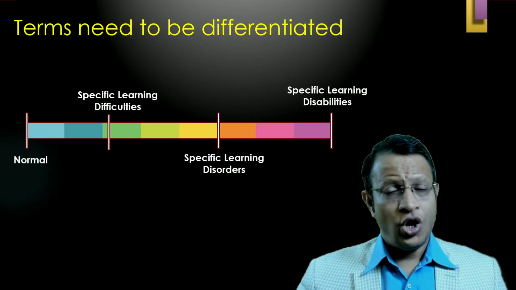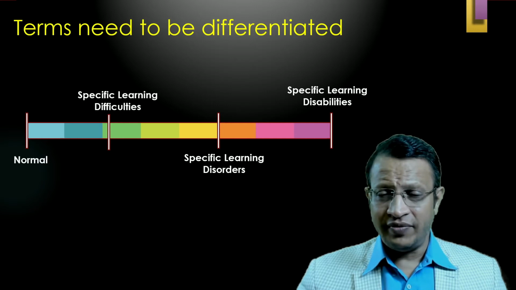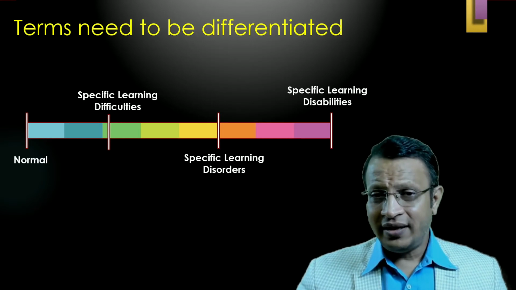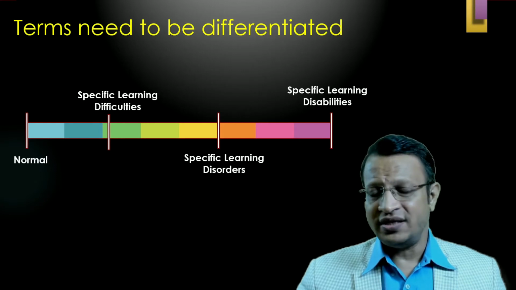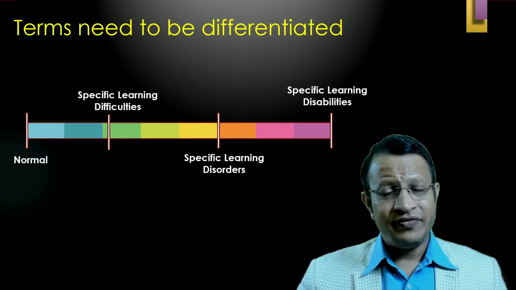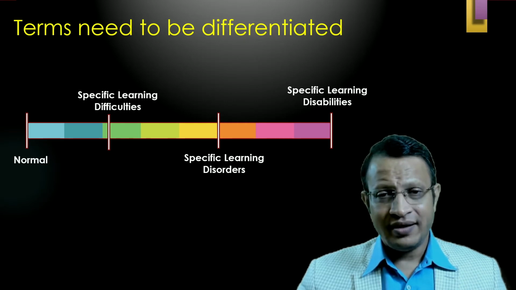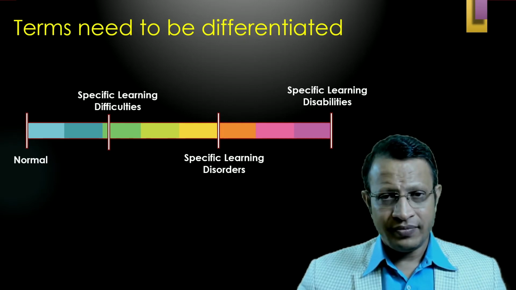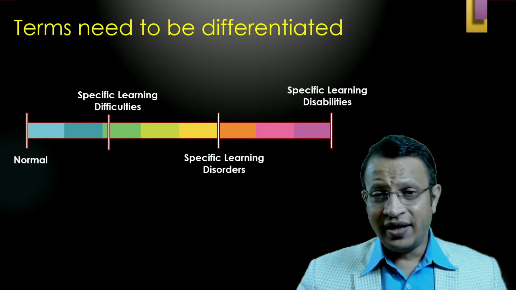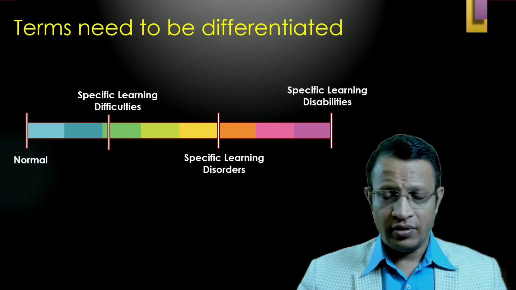However, one needs to understand the difference between the terms difficulty versus disorder versus disability. In terms of difficulty, every child, when they are learning, will go through a difficult phase. If provided with adequate opportunity in a good environment, this difficulty can be removed.